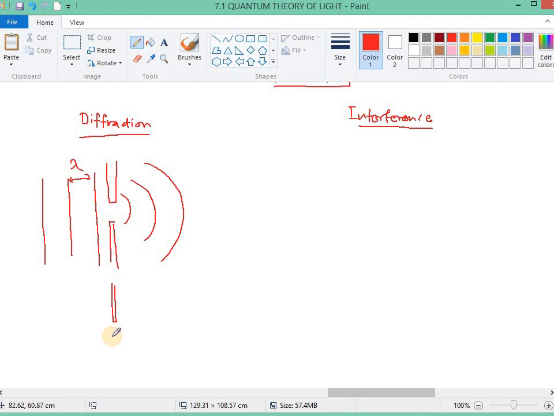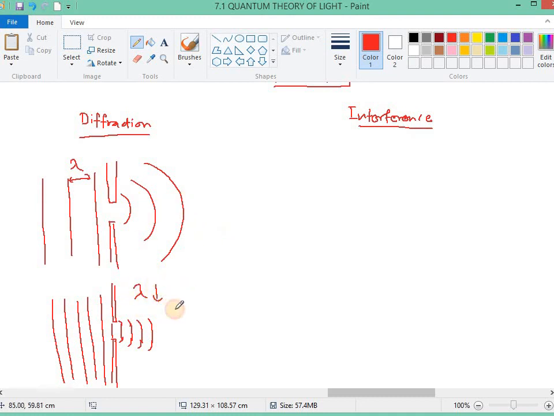If the wavelength is very small, then the effect of diffraction is not obvious. The wave only spreads out a little bit. So if the wavelength is very small, it is very difficult to observe the wave characteristic, which is diffraction.